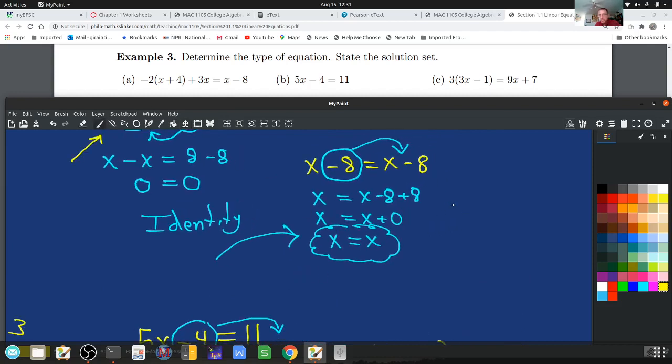So the solution set for this is, I'm going to allow you, here's one way to do it. I'm going to give you a symbol. See that R there with those 2 bars? That actually is a symbol that means the set. It means the set of real numbers.